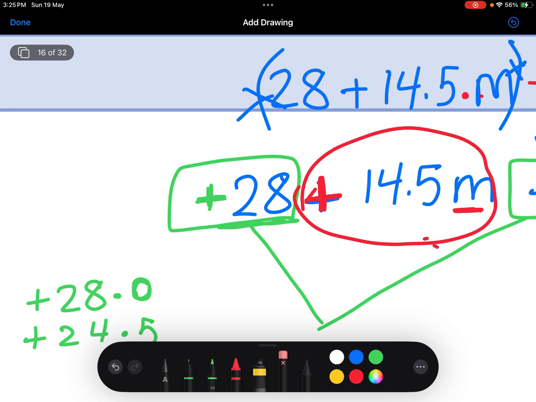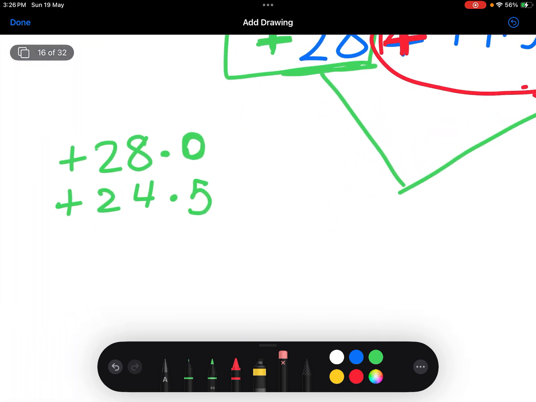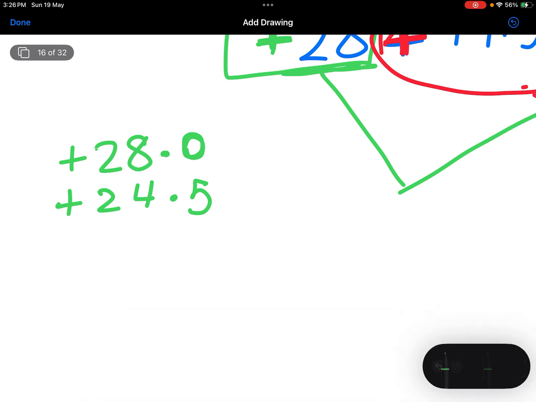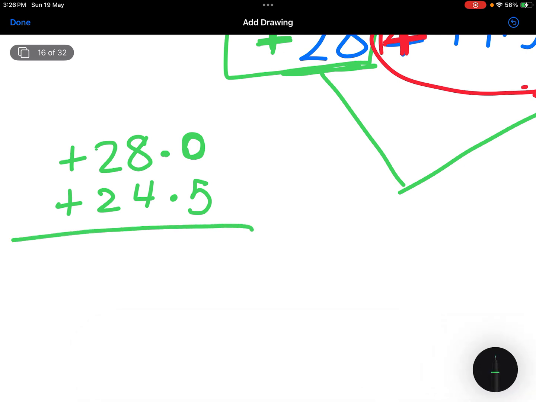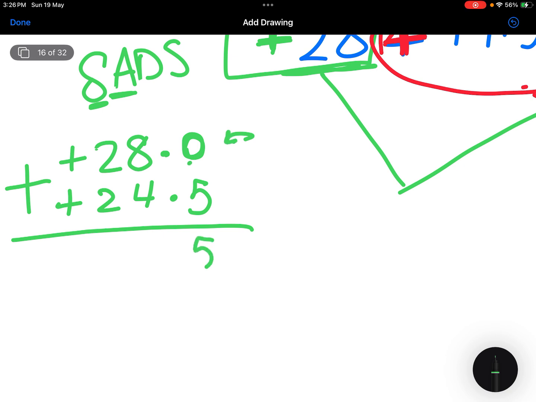Now looking at these two numbers, I want to combine these two like terms. Both of them are positive, then I have to add them using the rule: same sign, add. Starting from the right, the addition: 0 plus 5 is 5. Put the decimal down. 8 plus 4 is 12. 2 is down, 1 is regrouped up.